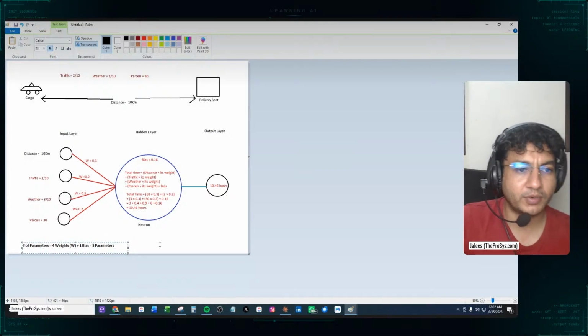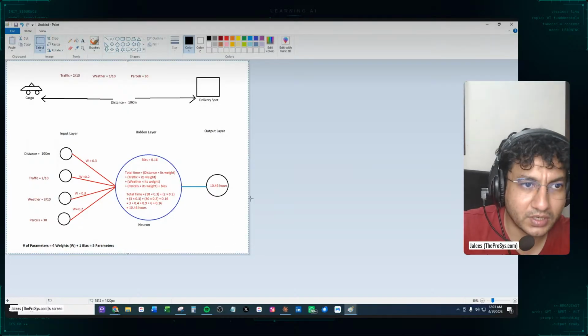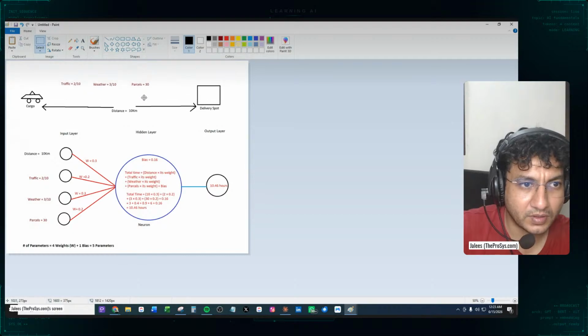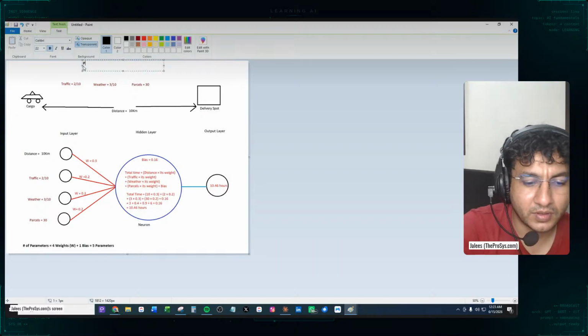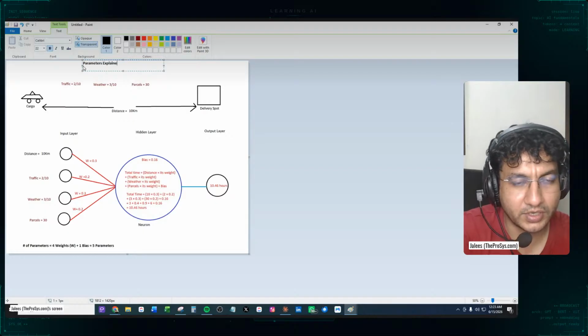There are number of parameters, कितने, 5 parameters यहाँ पे. I think that is enough. Parameters explained.